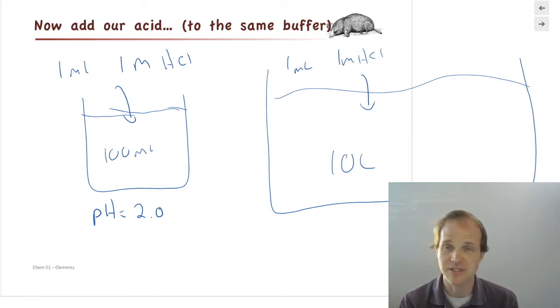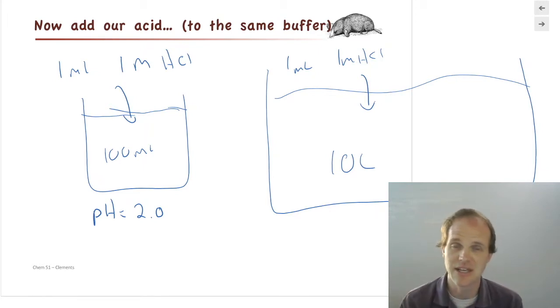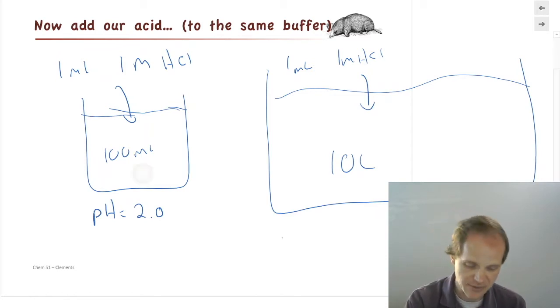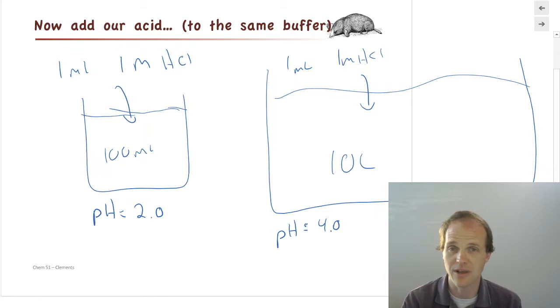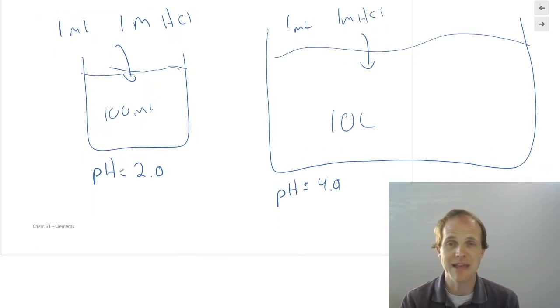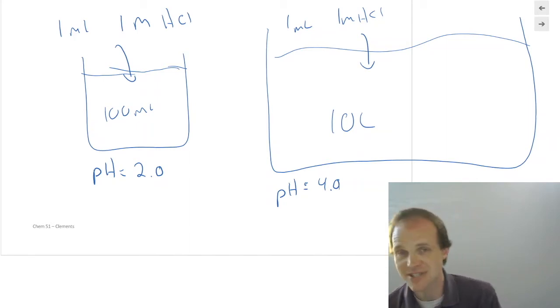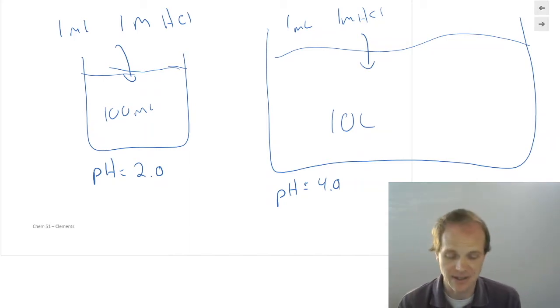So going from 100 milliliters to 10 liters, if that 1 milliliter does nothing to the ocean, it should do a little bit less to 10 liters than it does to 100 milliliters. And if you do the dilution calculation, you should find that here the pH is 4.0. So there is a major change in terms of pH depending on the total amount of stuff that we add and how much we add it to.